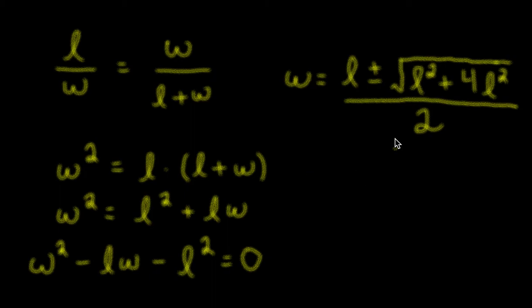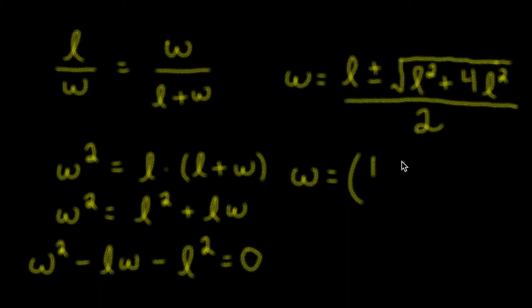Now what we can notice is that we can actually factor out the length, right? So we have the length here, and then underneath the square root we have the length squared. Now the length is positive, so when we pull the length squared out, square root of the length squared will just be the length. So what we get is that the width is going to be, we'll have a 1 here, we'll have a 1 plus 4 here, so that'll give us a 5.